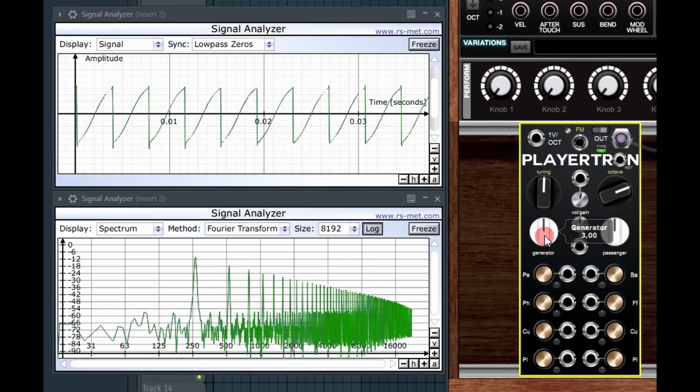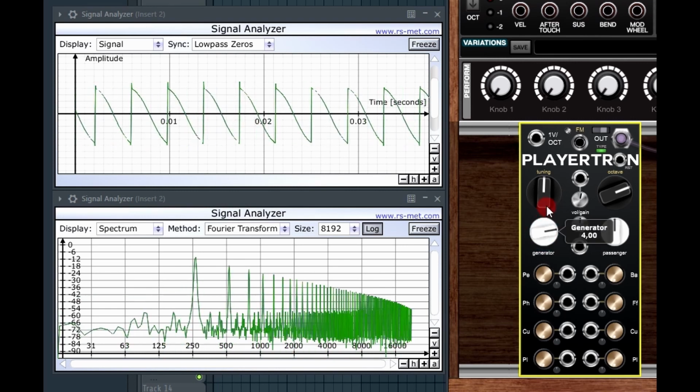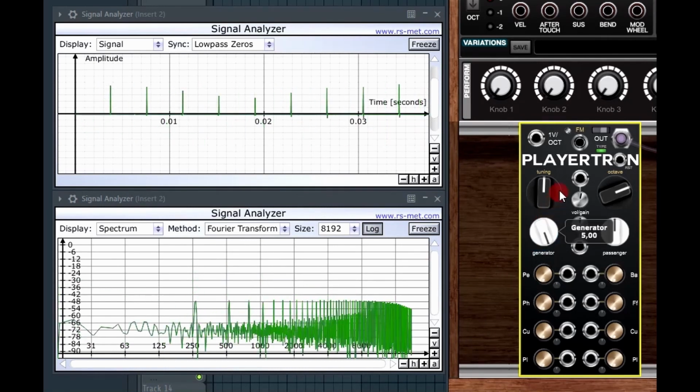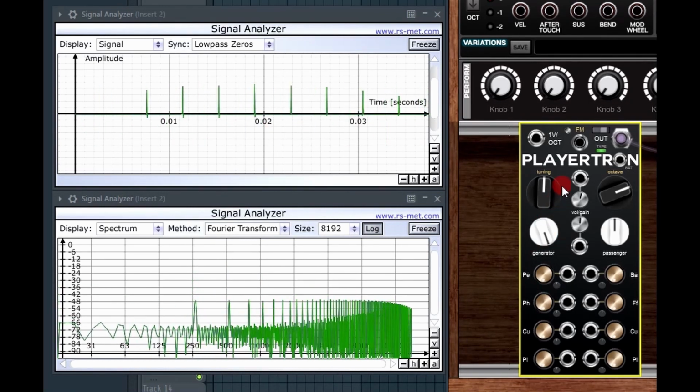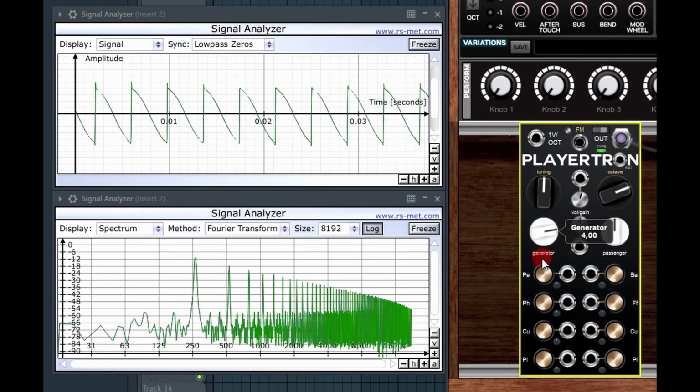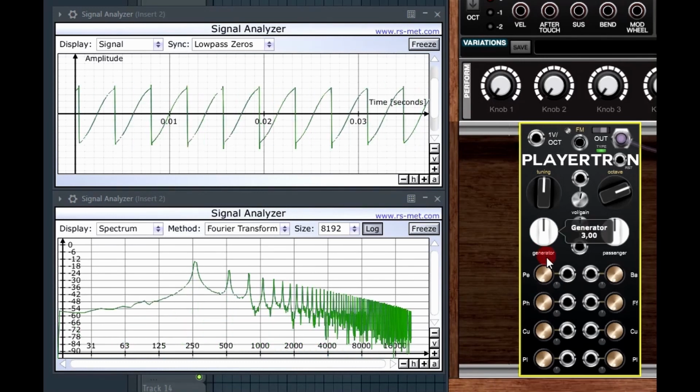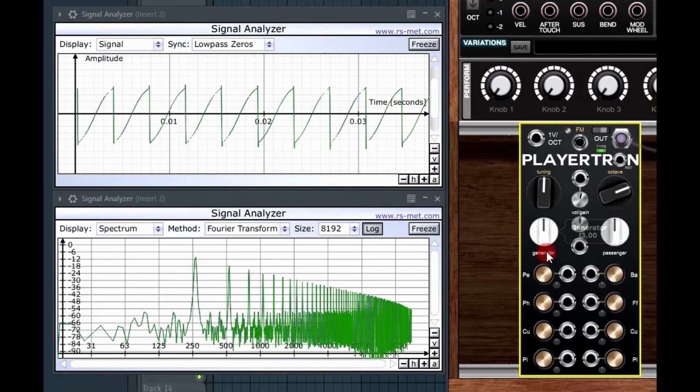Generator 3 producing an up ramp, and generator 4 producing a down ramp, and generator 5 producing peaks. Okay, it's a pulse generator, pulse and square generator, as I will show you in a minute. None of the waves is, let's say, synthetically clean, which is musically nice.